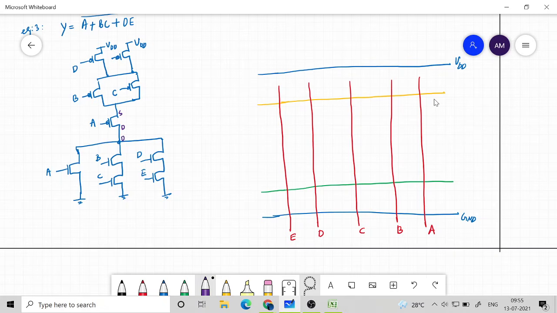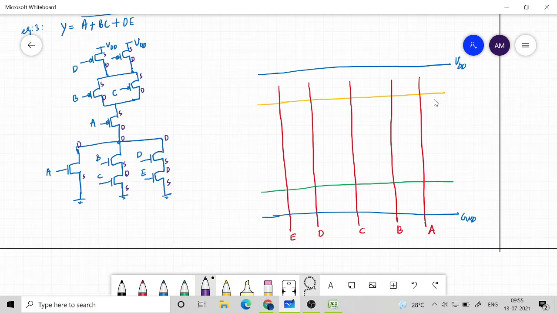This is drain, drain, drain, then source, source, drain, source, drain, source, drain, source. So for PMOS, we have source, source, drain, drain, source, source, drain, drain. Okay, so let's try to connect them.